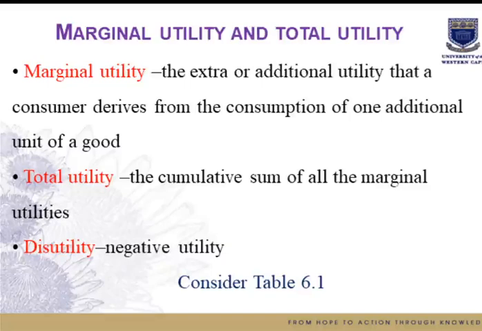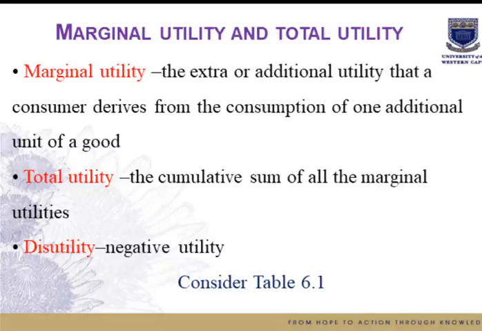Suppose after consuming the first apple, Tabo receives 50 utils. When he consumes the second apple, his utility intensity decreases and he receives 35 utils. The process goes on and on for each extra apple he consumes. For each extra unit of an apple Tabo consumes, he receives less and less satisfaction.